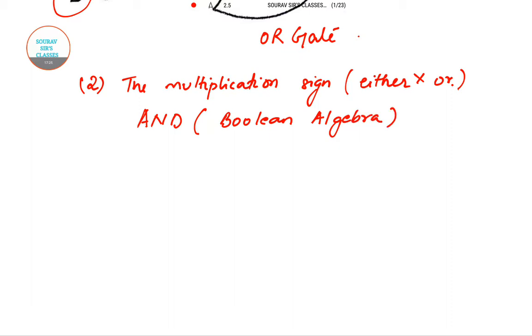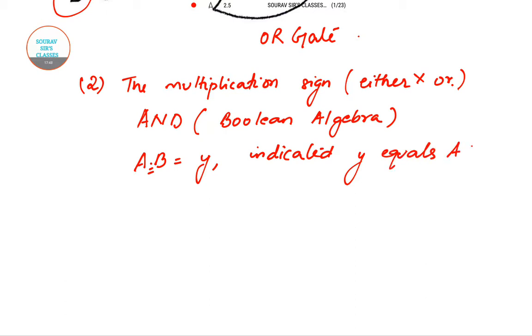So the Boolean expression A into B, so you are multiplying, this is how we give. You replace this dot which denotes the multiplication sign by AND, so Y equals A AND B, with everything in capital. So this is how you write this.